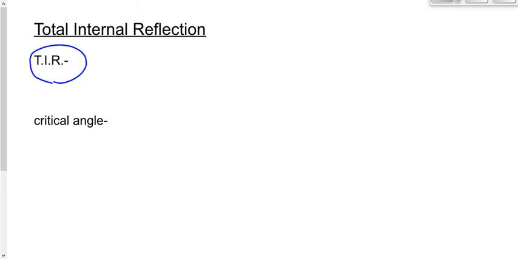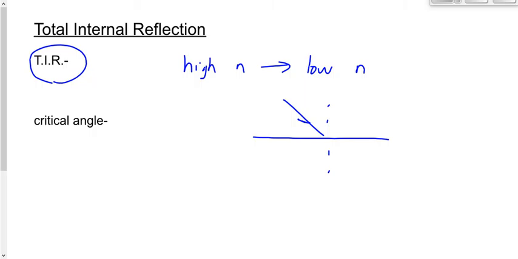Now, that can happen in a couple of different scenarios, or a couple of different conditions have to be met for this to happen. Number one, you have to be going from a high index of refraction to a low index of refraction. You can't get it when you're going from low to high, right? If you're going from high to low, then you get that ray of light bending away from the normal line. As n goes down, theta goes up.